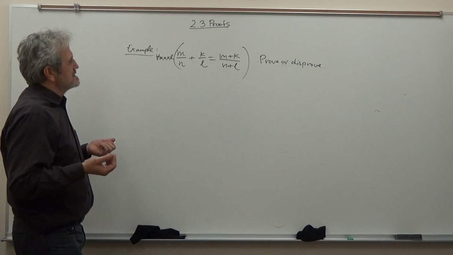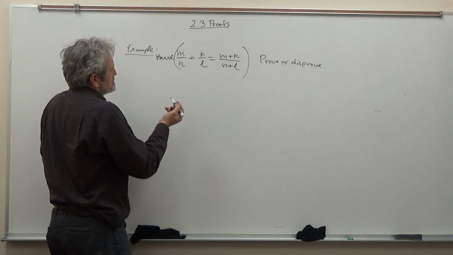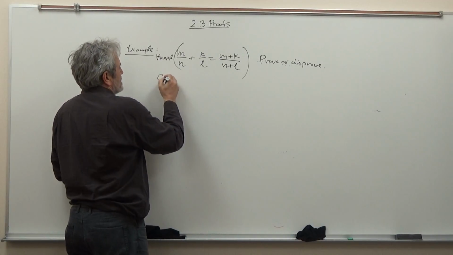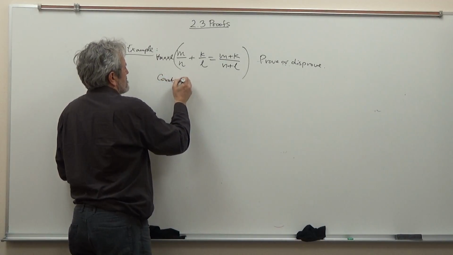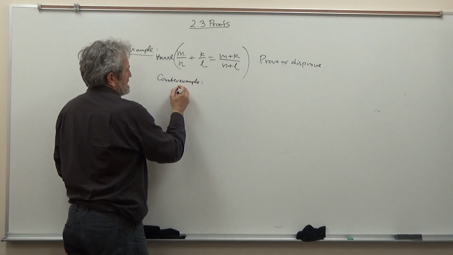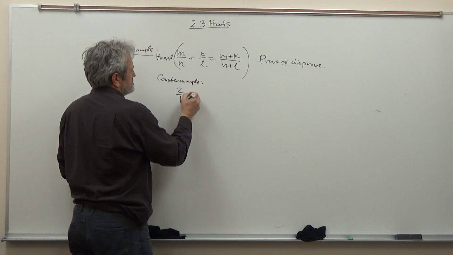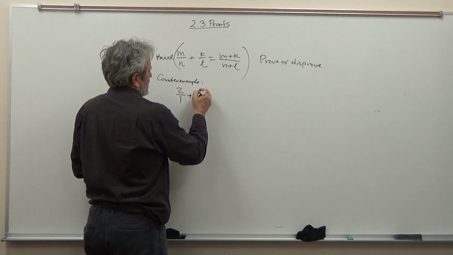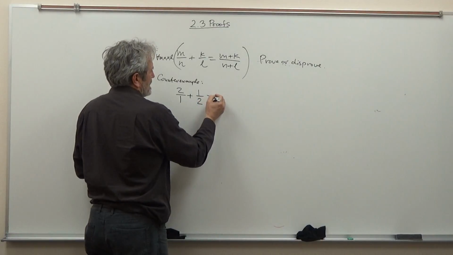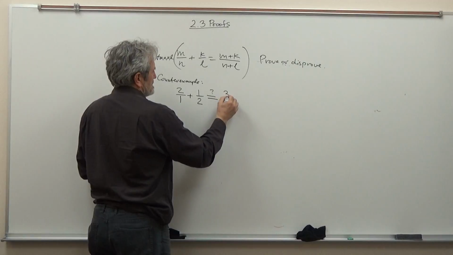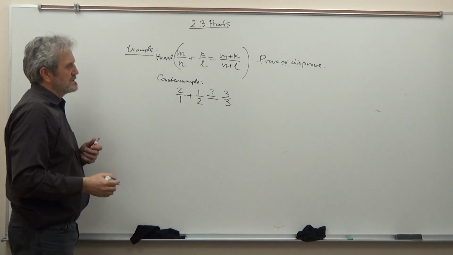How are we going to disprove that? We'll just find a counterexample. So let's say 2 over 1 plus 1 over 2, and I'll ask, is that equal to 3 over 3? Because when you add numerators and denominators, you get 3 over 3.